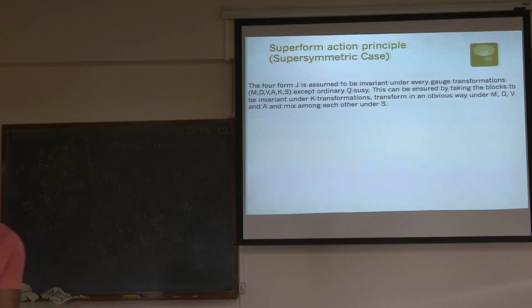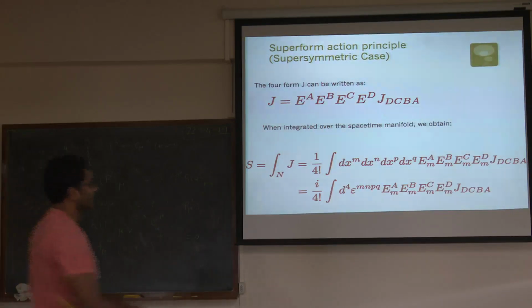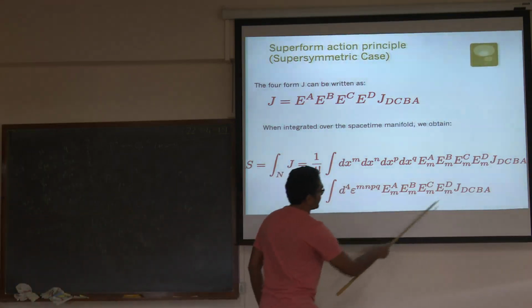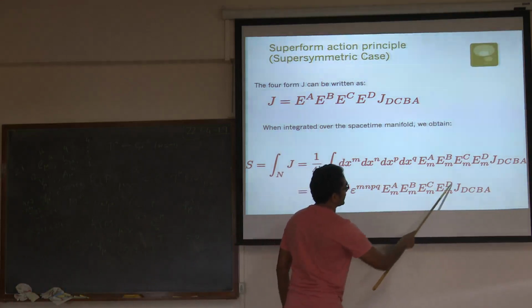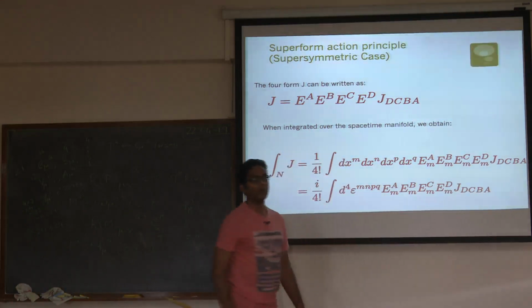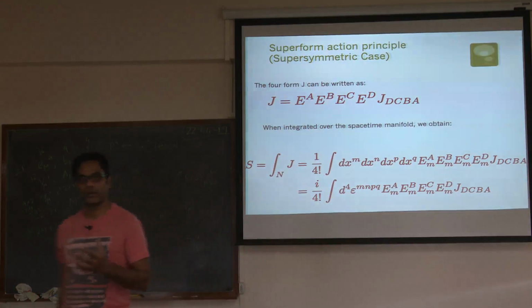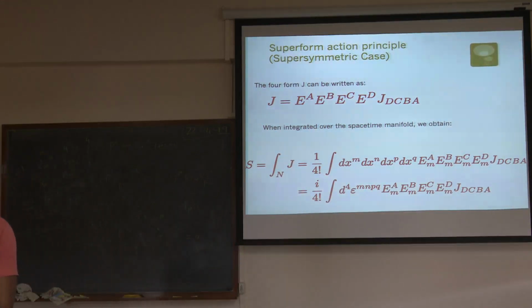And local Lorentz transformation also: by looking at the local Lorentz transformation of these 4 forms, you can also deduce what kind of local Lorentz transformation this block will have. Okay, that is easy to implement.